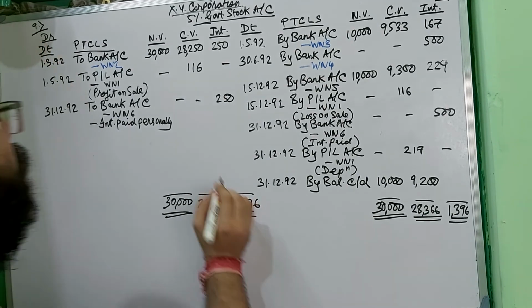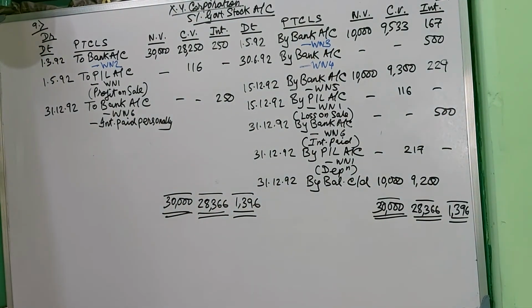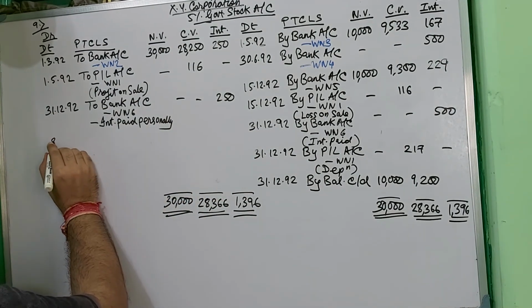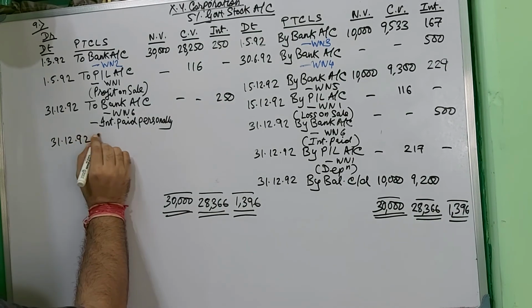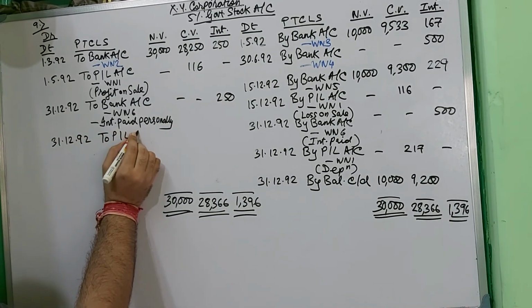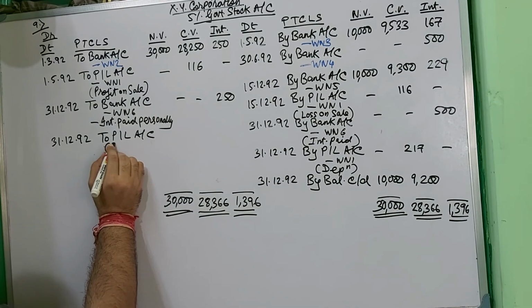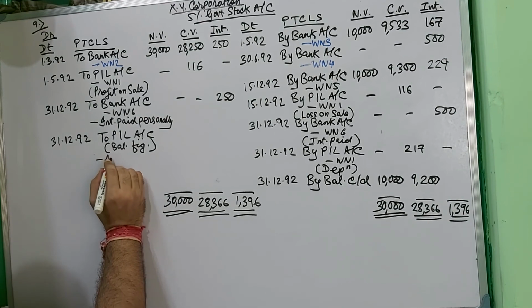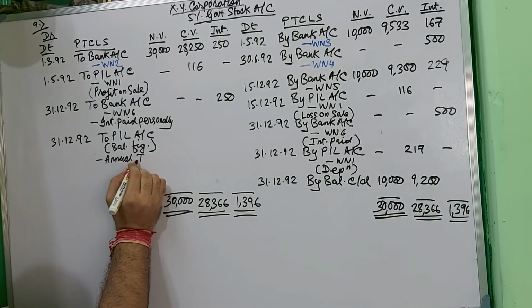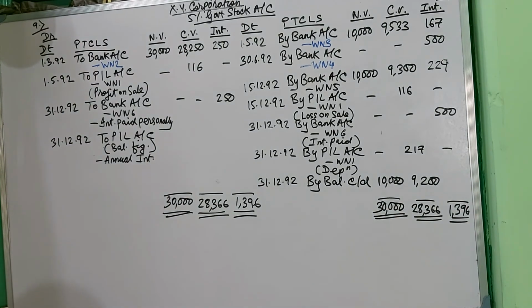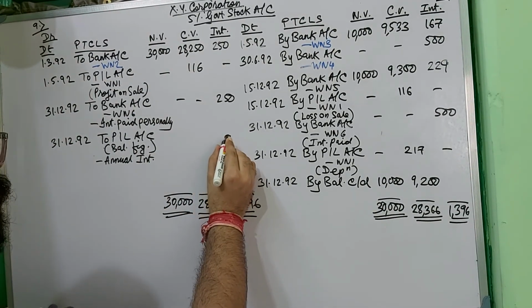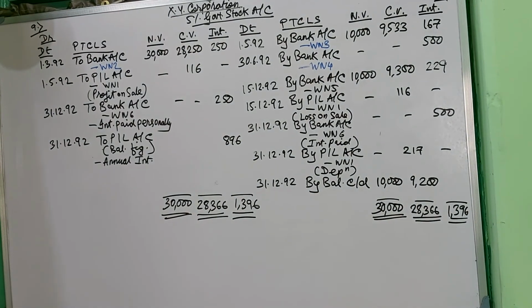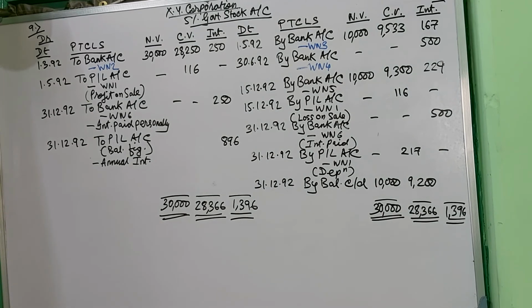Definitely there is a balance, if you deduct 500, with this 896 will be to profit and loss account, balancing figure, annual interest, which is 896. Okay, this is the total sum of sum number 9.